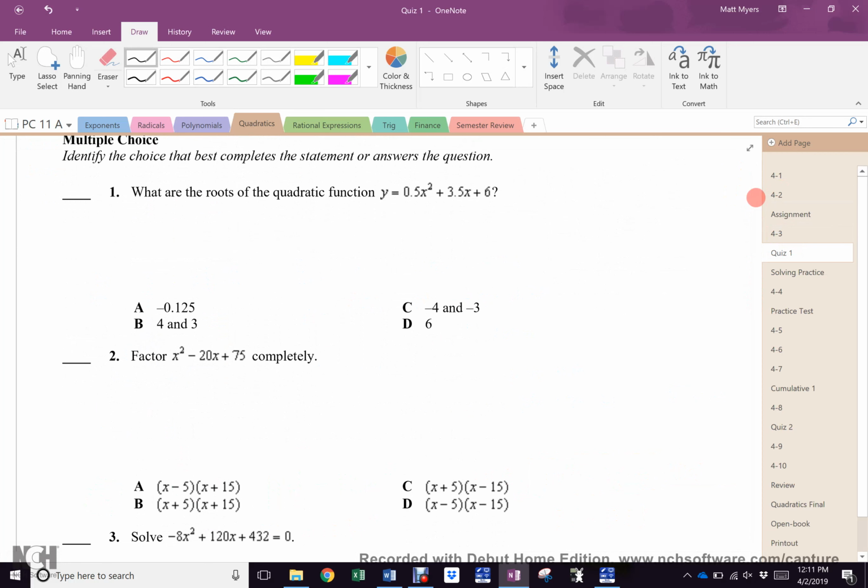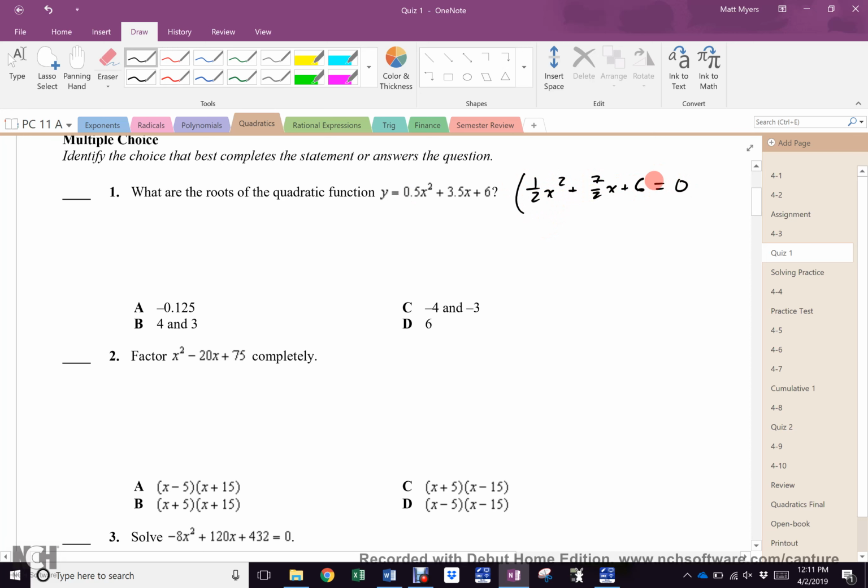Let us go over this. What is ugly about that? There's decimals. But isn't that really 1/2 x squared plus 7 over 2x plus 6? And then it's easy to get rid of the 2's, isn't it? Because we want these x's to equal 0.